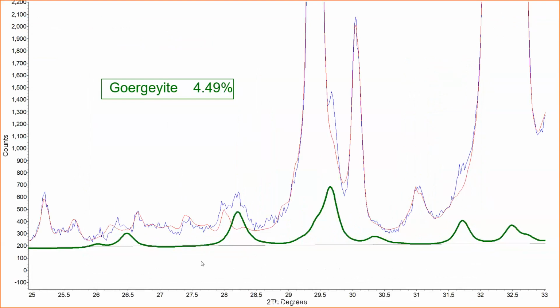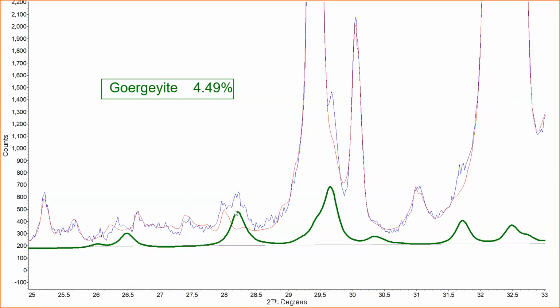So what I'm showing here is a Rietveld plot, where the red curve is the calculated diagram, while the blue curve is the actual measured diagram. And in this case, during the calculation, I did not consider görgeyite. That's the reason why you see here a difference between measured and calculated.